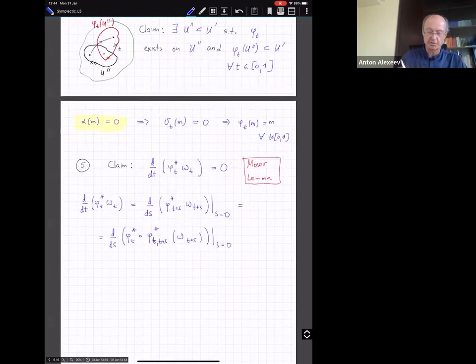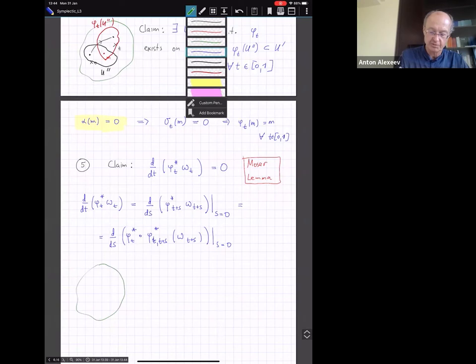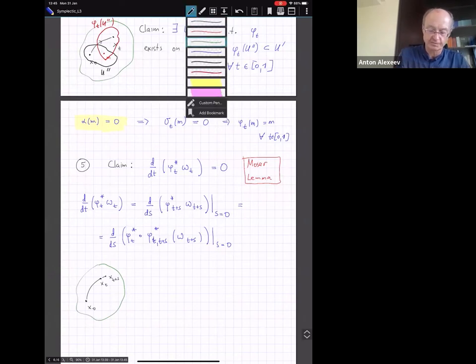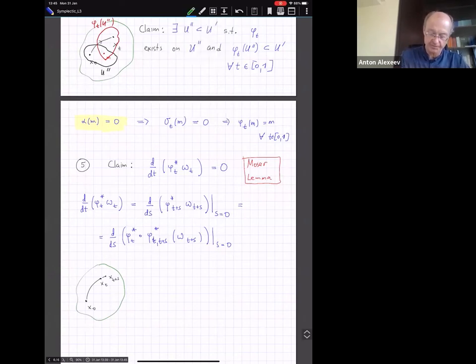And now maybe a drawing would be good. So again, what I'm doing: here is the point x0. It is moved to the point xt, and here it is moved further to the point t plus s.